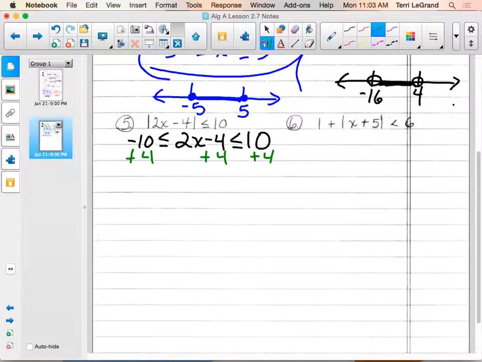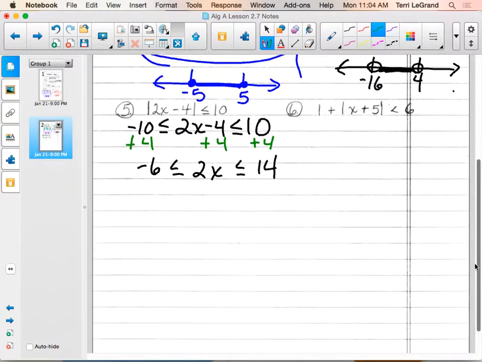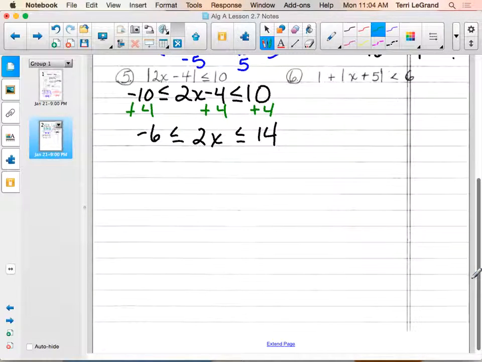Okay, and then what's the left region going to be now? Negative 6 is less than or equal to, what's the middle region going to be? 2x. And what's the right region going to be? 14. Okay. Are we done? No. What's our next move? Divide all 3 regions by 2.